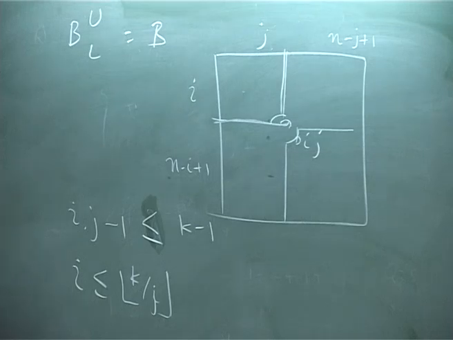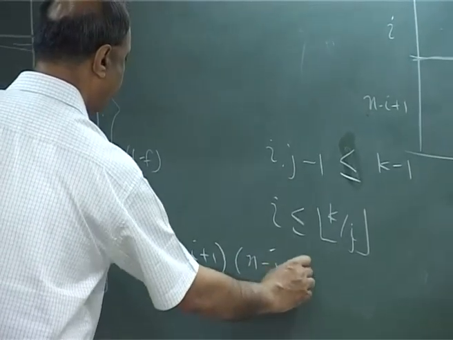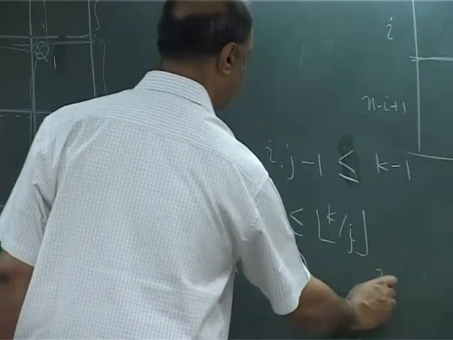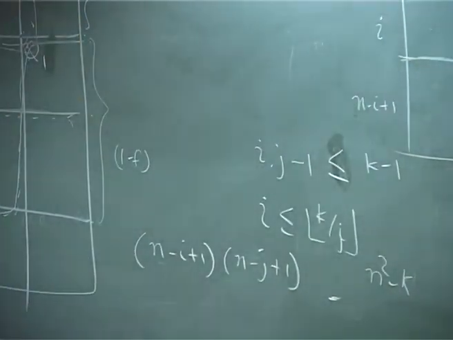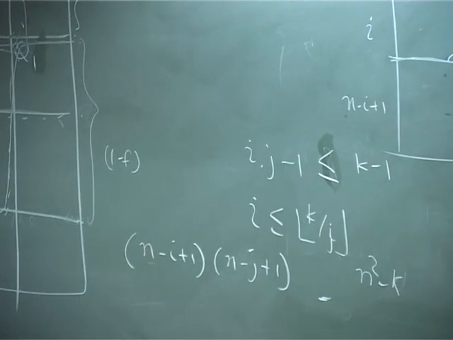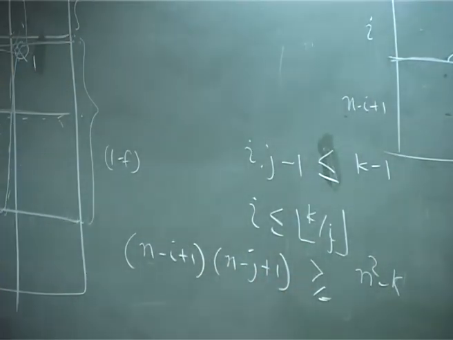Similarly, I can obtain n minus i plus 1 into n minus j plus 1 versus n square minus k. What should be the symbol here? Greater than or equal? Is it greater than or equal, I will write? Right?